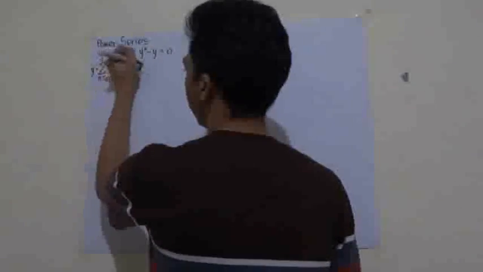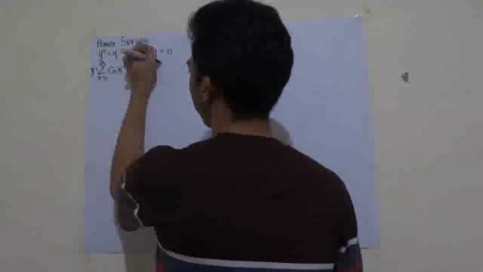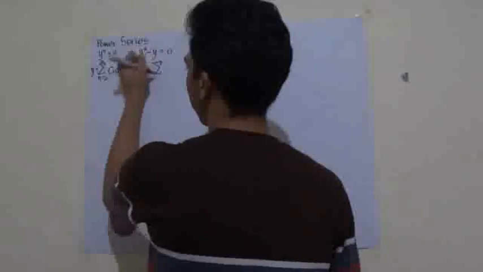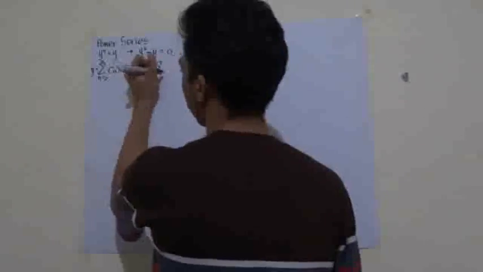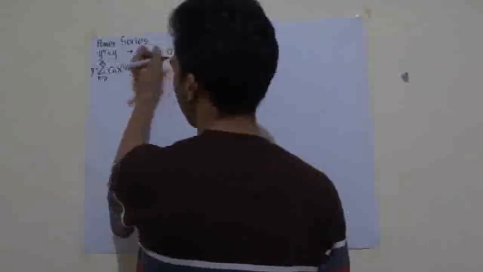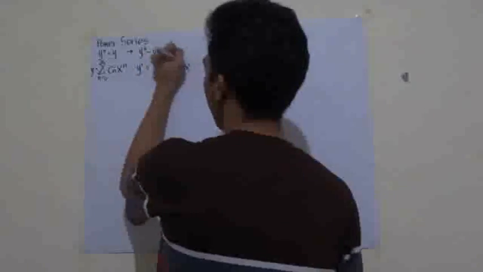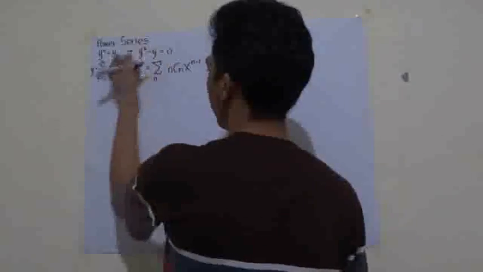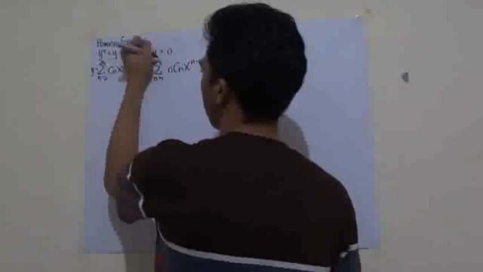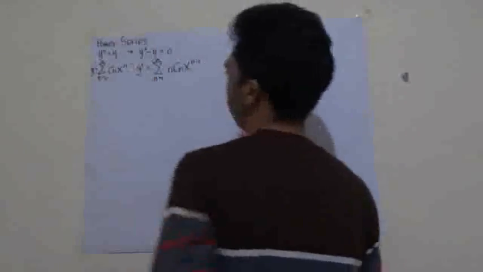Our y prime is equal to the summation of n c sub n x raised to n minus 1, where n is equal to 1 to positive infinity.